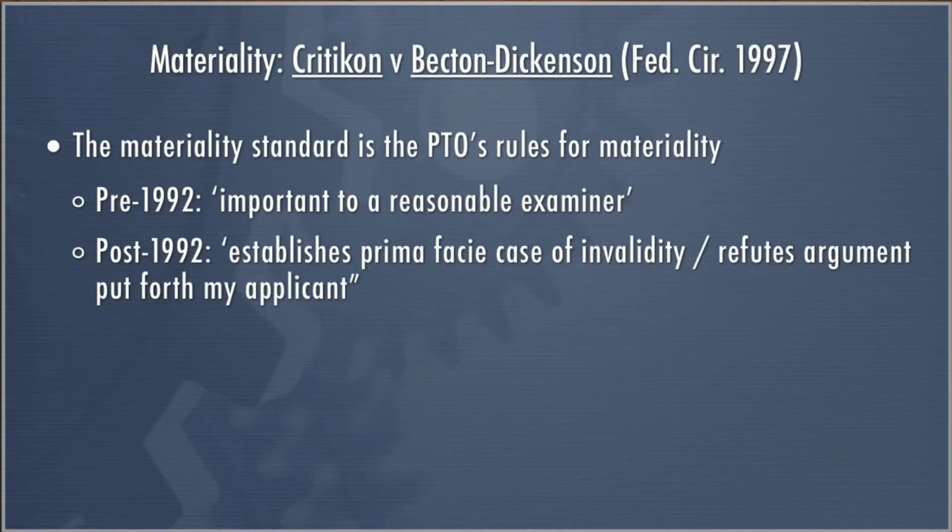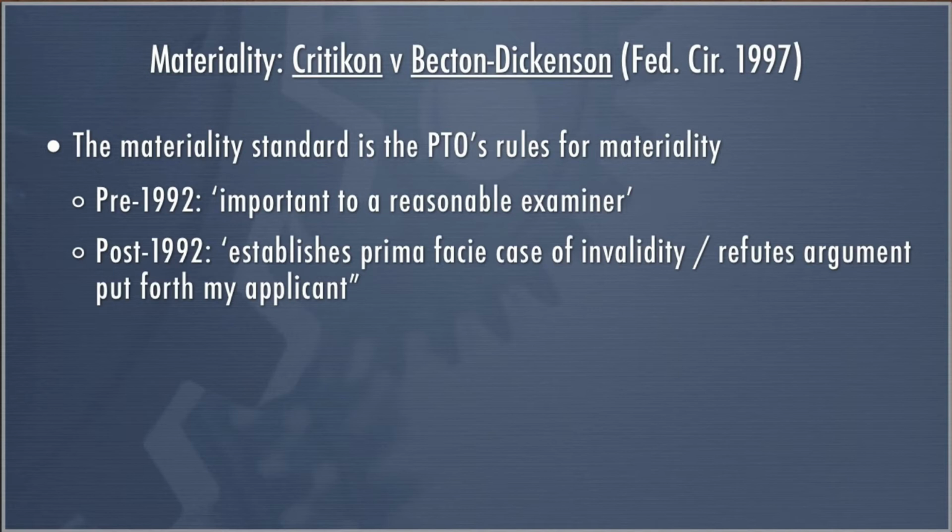So materiality, the standard used to be the following, right? And Critikon used to set the standard for materiality. Basically, the materiality standard was, in a sense, outsourced to what the PTO declared to be material evidence, right?